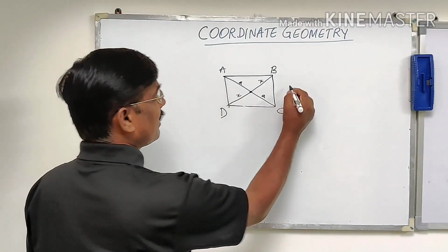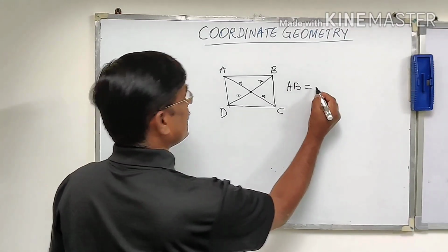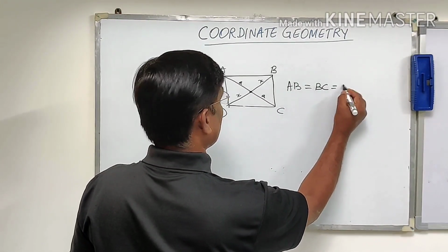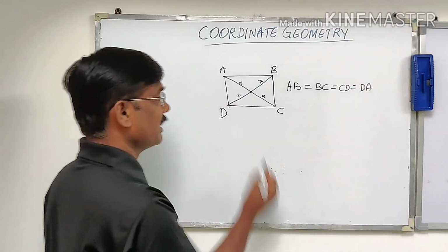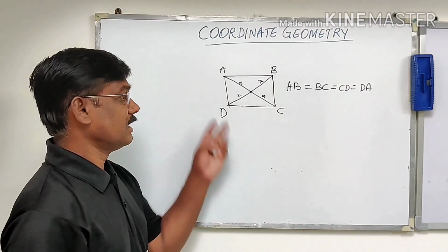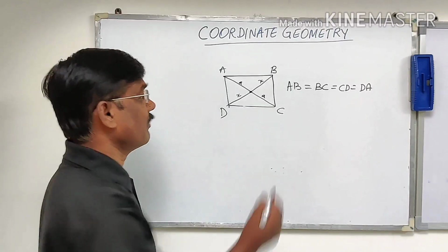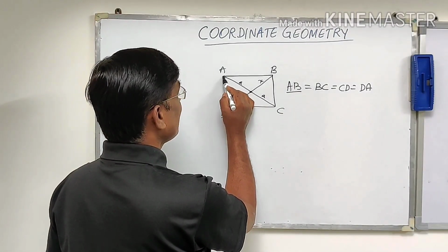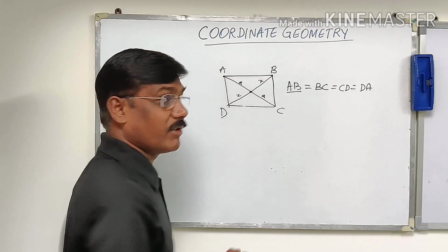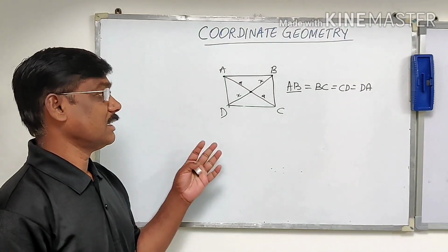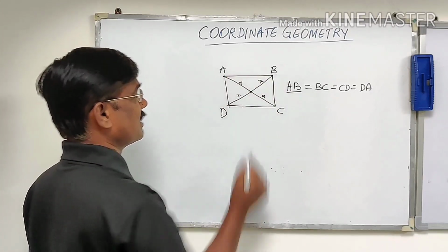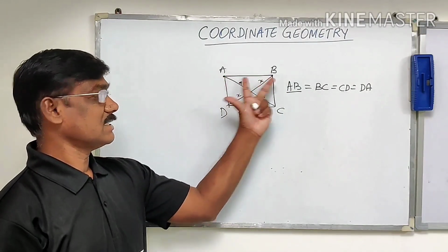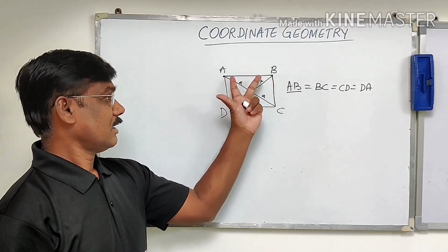Suppose AB is equal to BC is equal to CD is equal to DA. That means all the sides are equal, then it is a square. But what is AB? AB is the length between A and B. That we are going to see with the distance formula. If this is one coordinate and this is another coordinate, we can find the distance between the two coordinates.